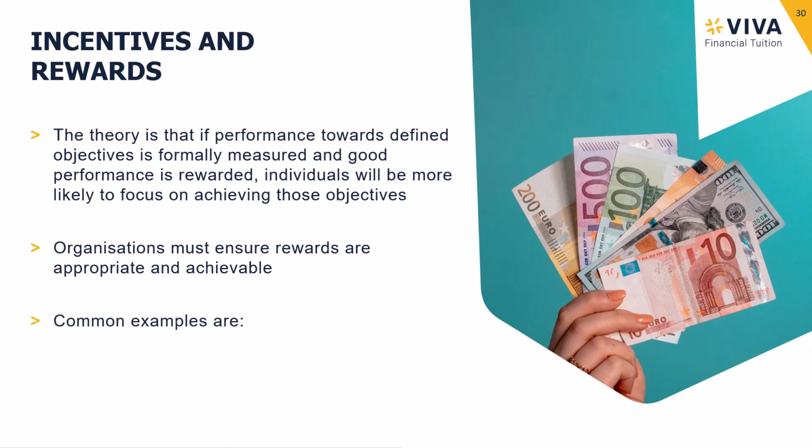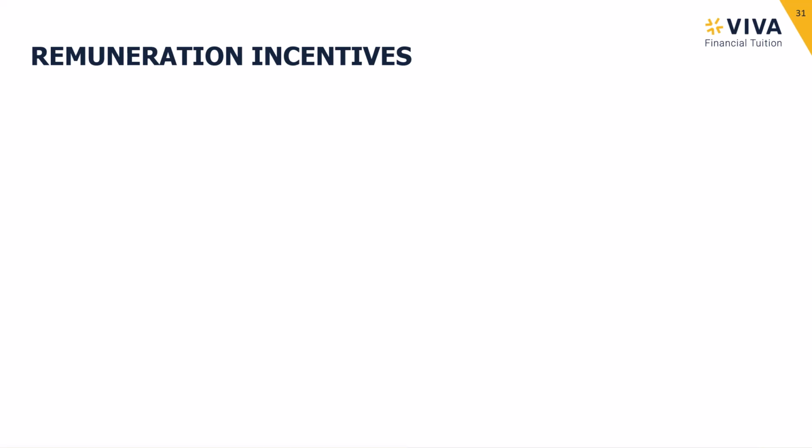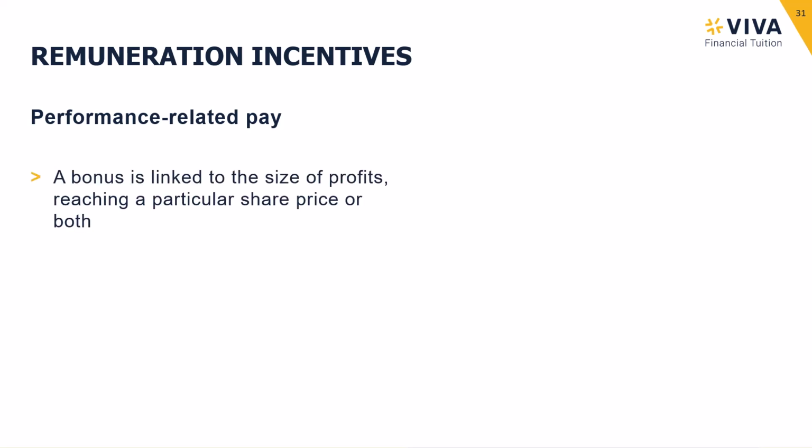Now, common examples of this then would be things like performance-related pay, share options possibly, remuneration incentives. Let's talk about these in a little bit more detail. Performance-related pay, this is a bonus usually linked to the size of profits and or reaching a particular share price.